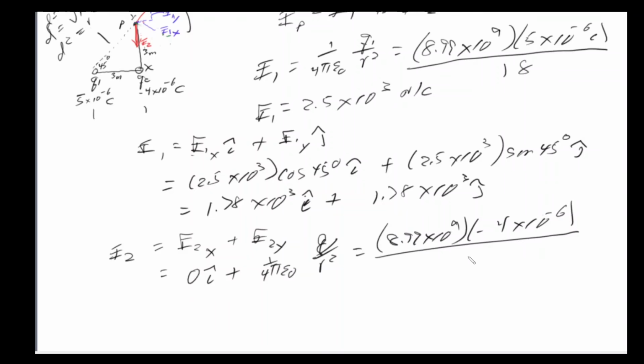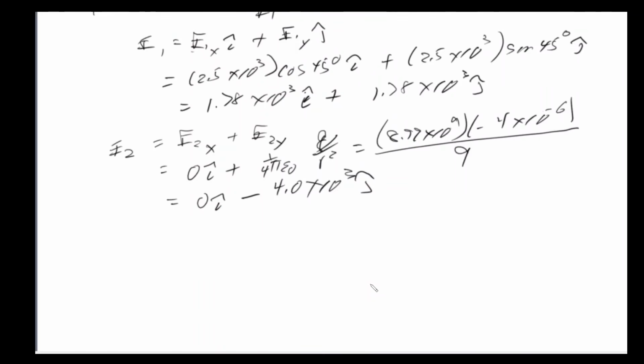That's r, so r squared is 9. So this becomes 0 in the i direction minus 4.0 times 10 to the third j.